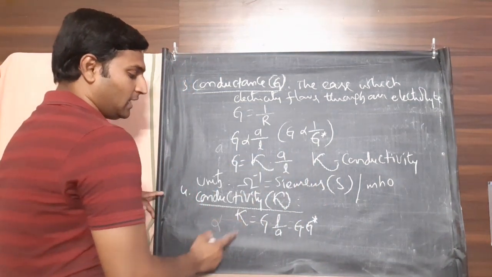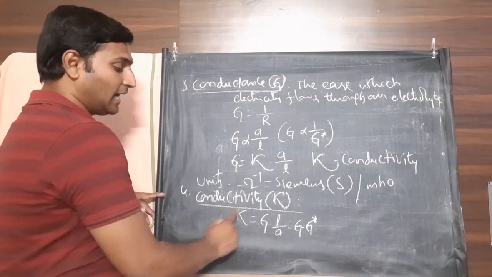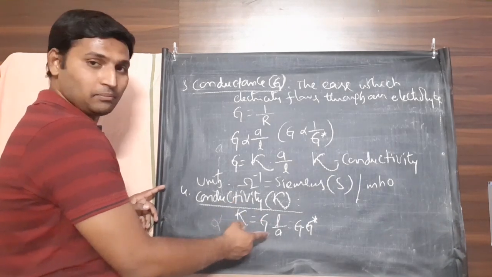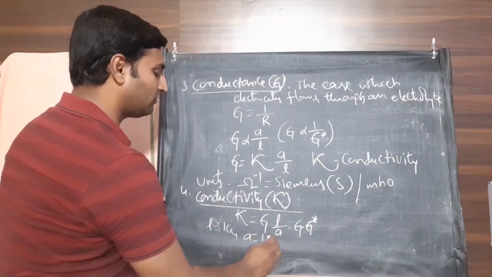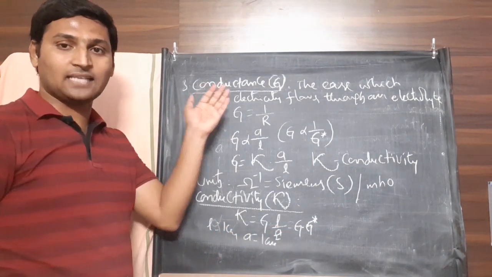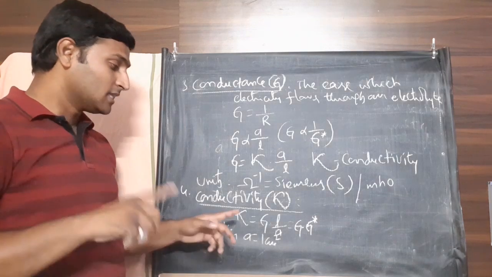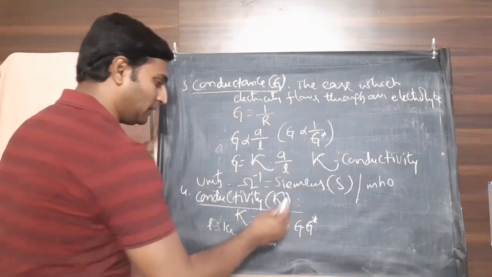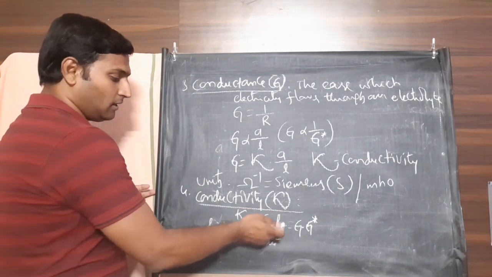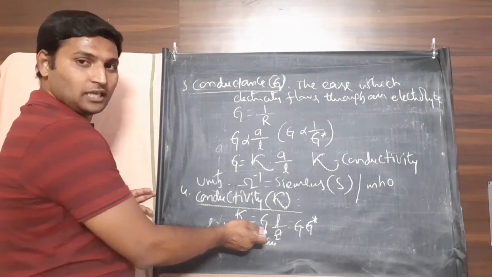As you can clearly see from this relation, we can get the definition of conductivity. Assume the length is 1 centimeter and the area of cross section is 1 centimeter square, as we just did. Then the volume of the solution is going to be 1 centimeter cube, so L by A becomes 1. So kappa becomes equal to conductance.